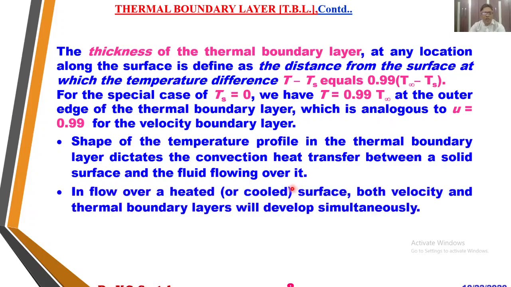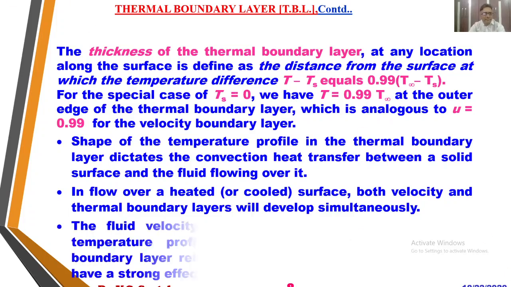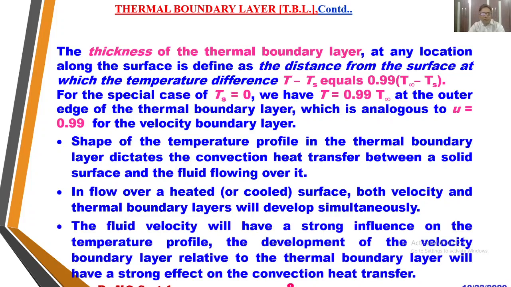In flow over a heated or cooled surface, both velocity and thermal boundary layers will develop simultaneously. So whenever a fluid, hot or cold, is flowing over a cold or hot surface, the velocity boundary layer and thermal boundary layer formation will take place simultaneously. And the fluid velocity will have a strong influence on the temperature profile.